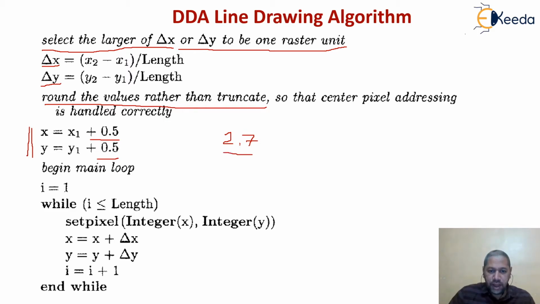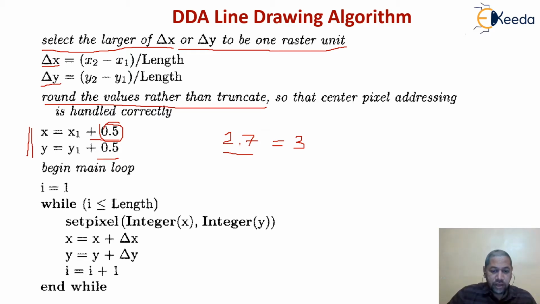So I add 0.5 to 2.7, it becomes 3.2, and if I remove the fractional part, the value is considered as 3. So this 0.5 is added initially to x1 and y1, so that I get the round-up of the values.